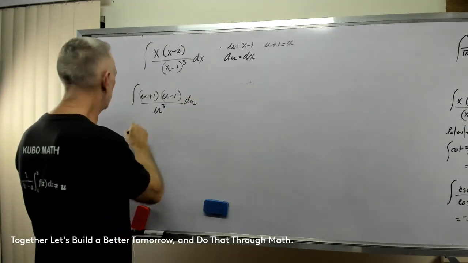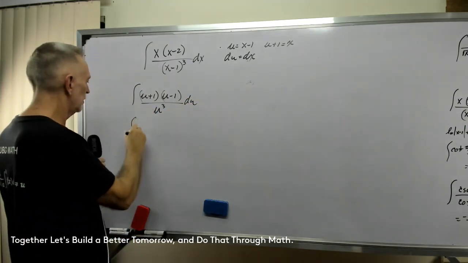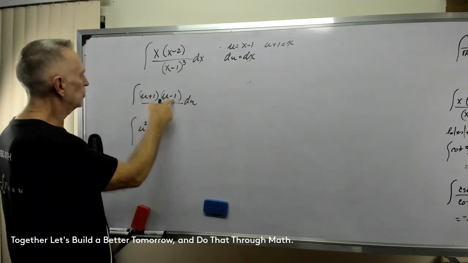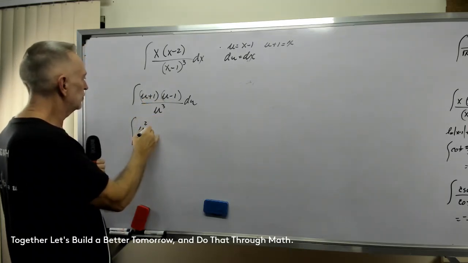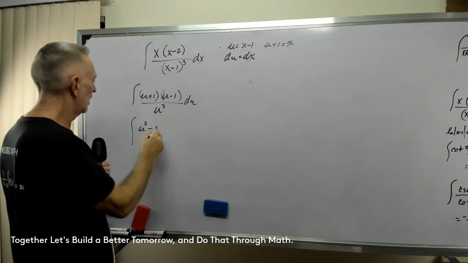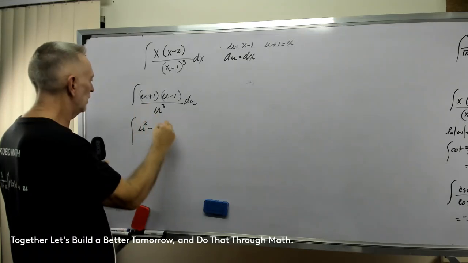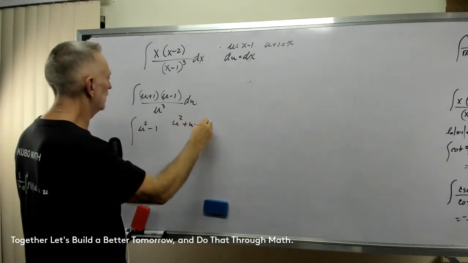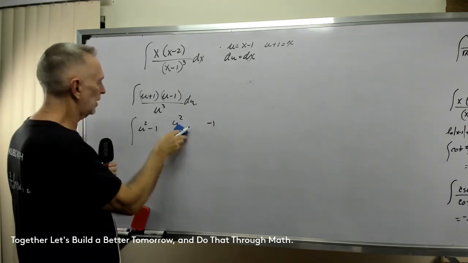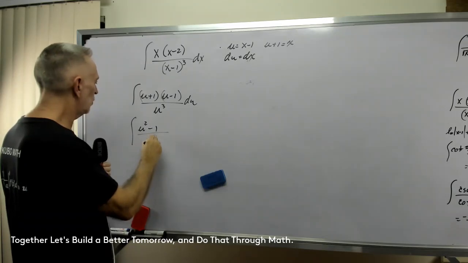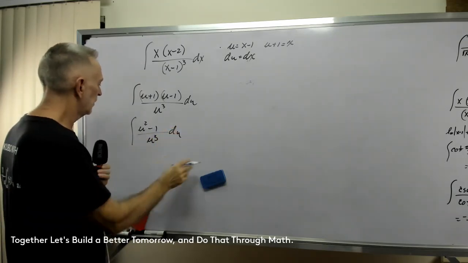Okay, so we would have the integral of u plus 1 times u minus 1, that's u squared minus 1. Yep, so the u's cancel. U squared minus 1 over u cubed du.